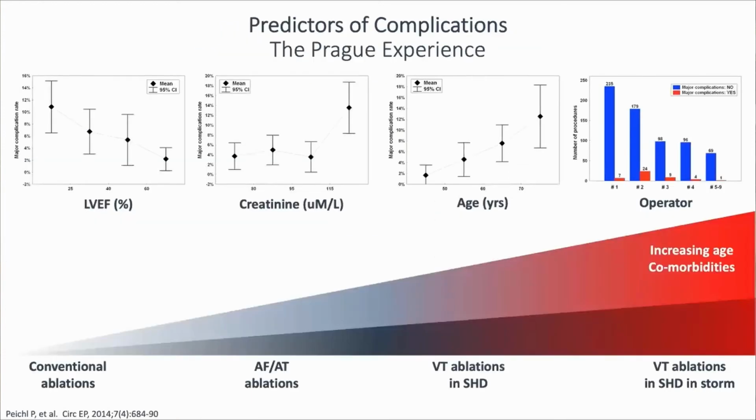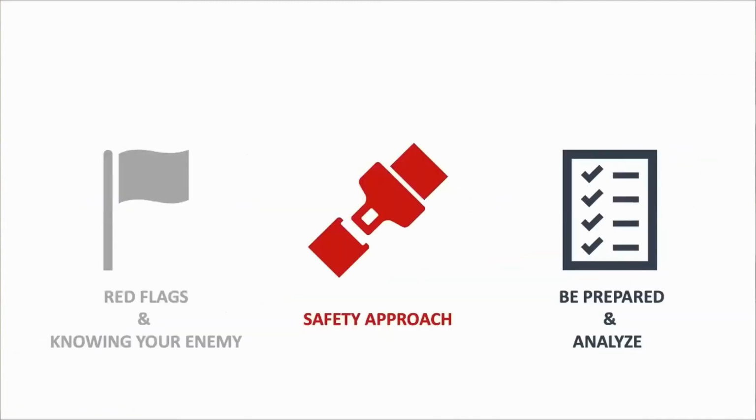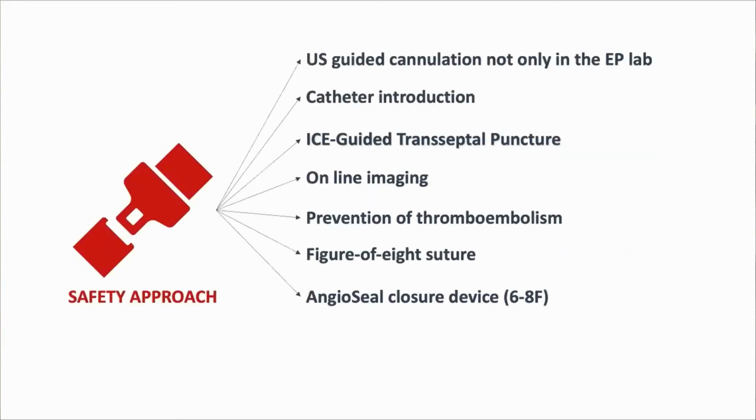To sum up, the predictors of complications rise from conventional ablations to ventricular ablations in structural heart disease and arrhythmic storm ablation. The main predictors of complications are reduced ejection fraction, higher creatinine, increased age, and operator experience. In the next part, I show you interactively how to perform basic maneuvers of catheterization procedure in the EP lab.